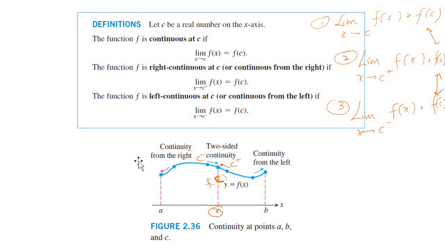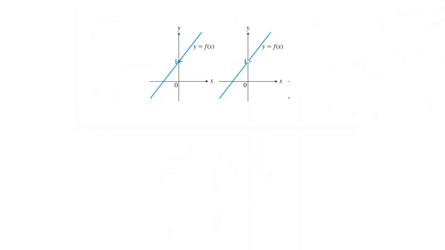Let's go and look at a new example. So let's look at the first example here. As x tends to 0, let's see whether it's continuous at 0. If you take x tending to 0 from the positive side and from the negative side, let's look at what happens.